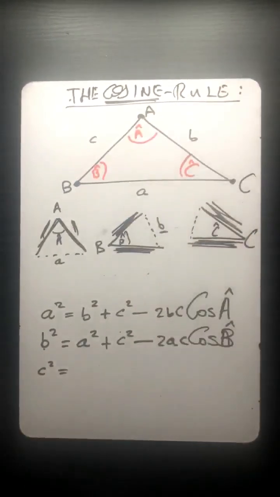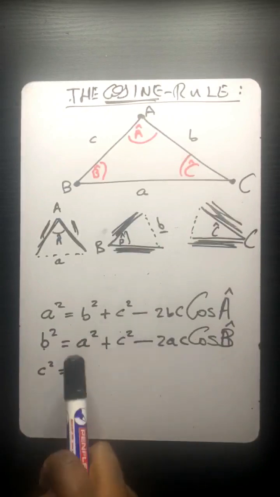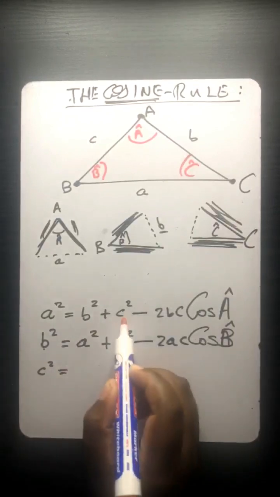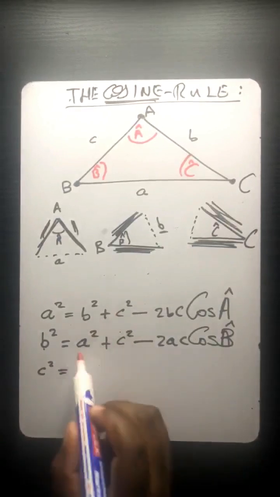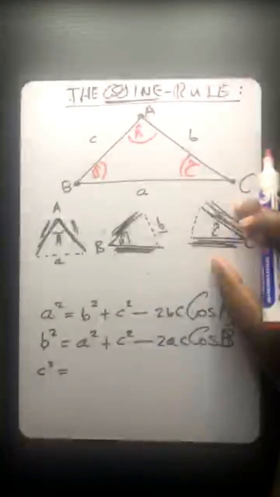Someone is wondering, how did I know that I must start with A or B? How did I know I must start alphabetically? B comes first, C comes second. A comes first, C comes second. That is why when I choose for that one, I will check which sides are involved.